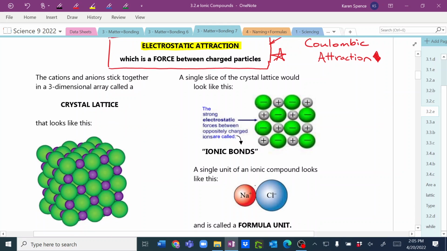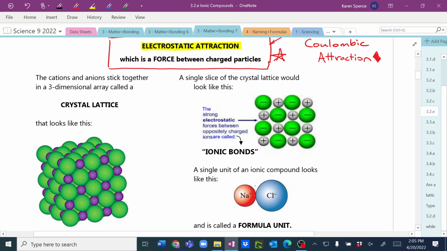So a crystal lattice is the thing that looks like this. It is a 3-dimensional structure. And what is alternating? Positive and negative. We go cation, anion, plus, minus, all the way through.